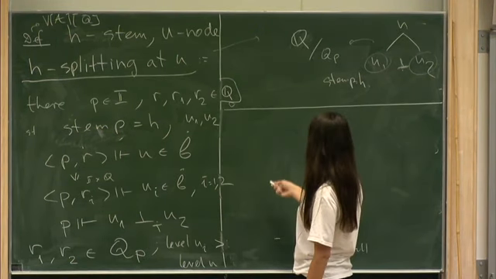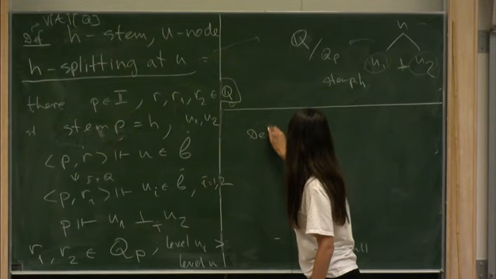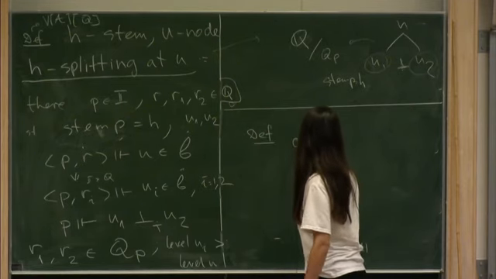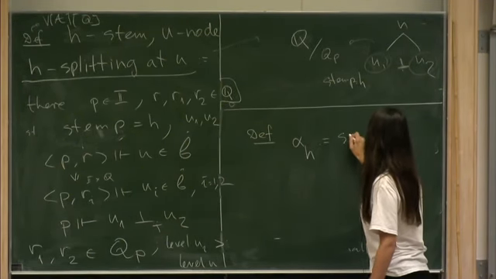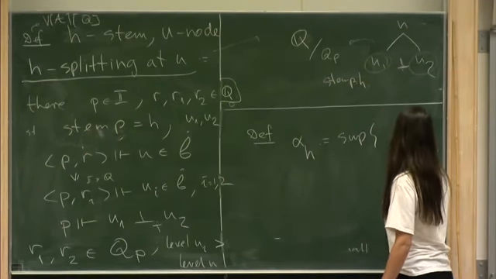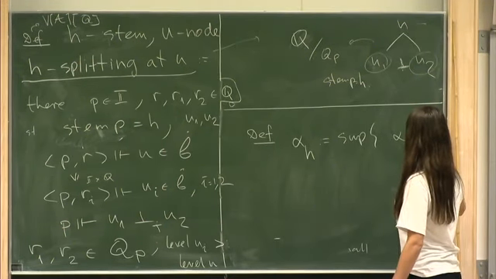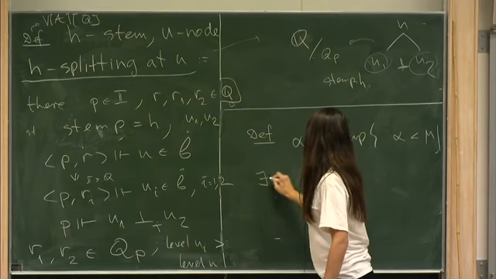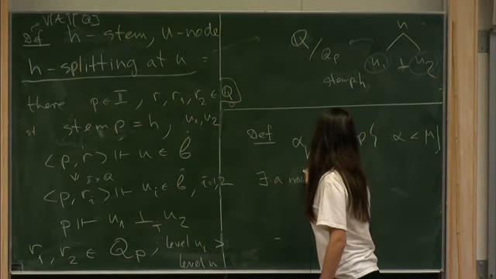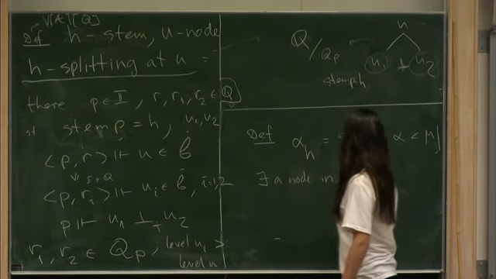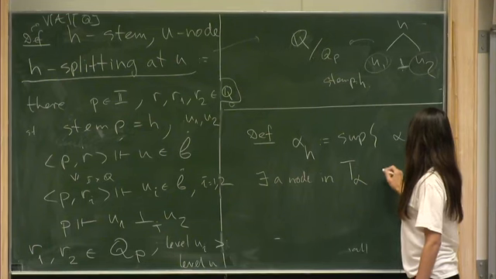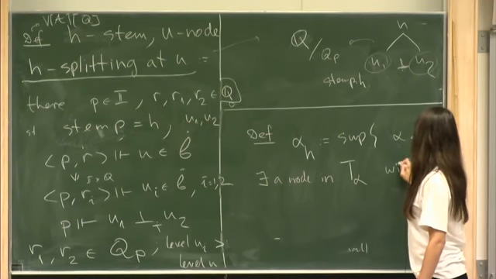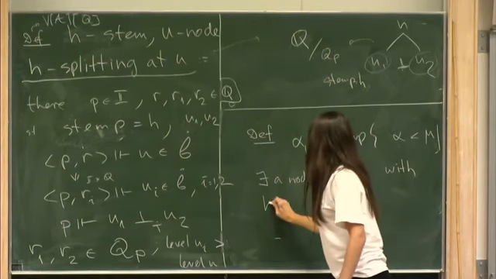For every H, let alpha_s of H be the supremum of all alpha less than mu such that there exists a node of level alpha, so in T_alpha, with H splitting.